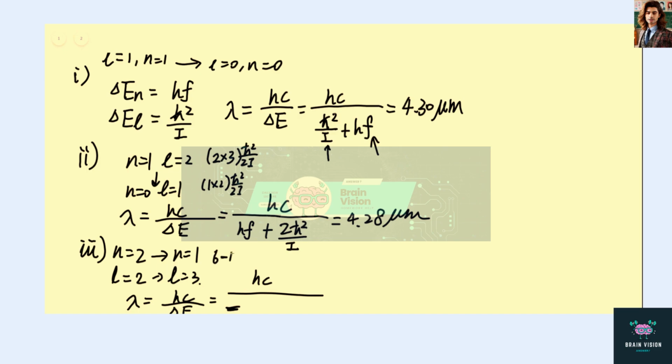And when it's 3, we have 12 times h bar squared over 2I. So we have negative 3 h bar squared over I, and then the change of vibrational energy is still hf. So when we calculate it, it is a very small energy difference actually because they nearly cancel each other. And the final wavelength is 4.4 micrometer.